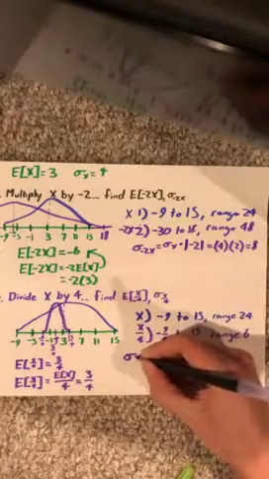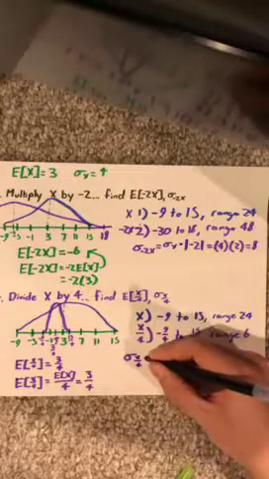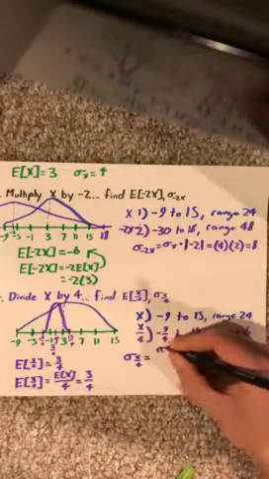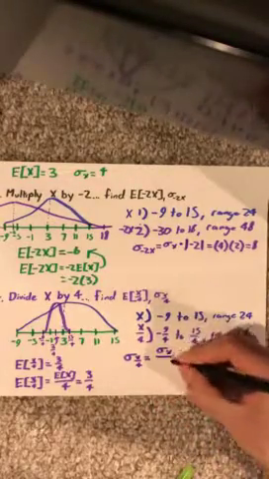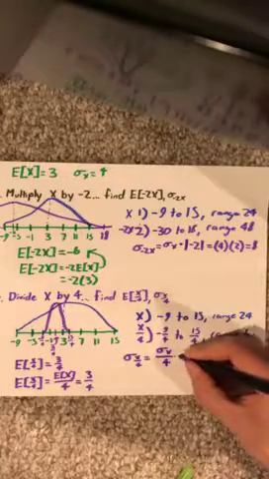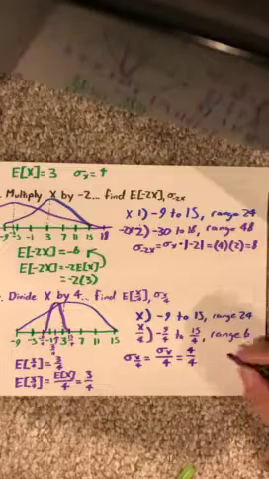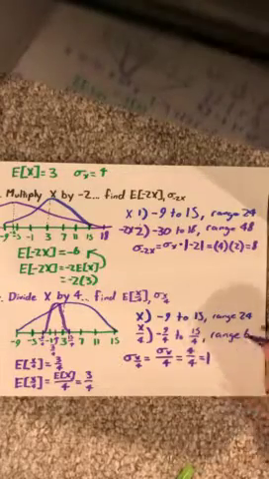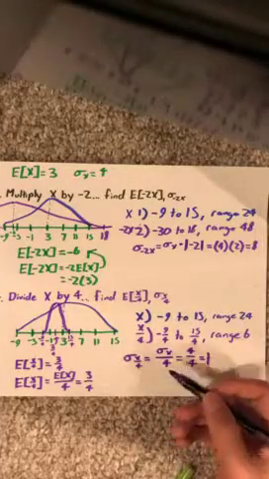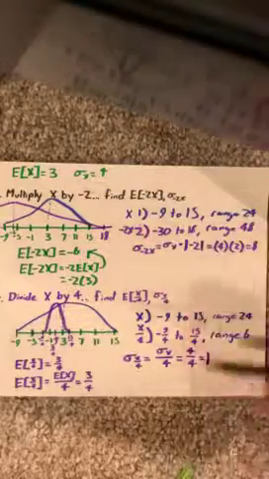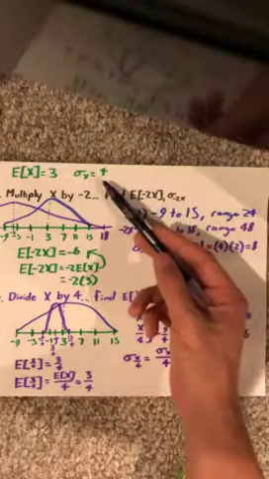So we say that the standard deviation of x over 4 is equal to the standard deviation of x over 4, which is just 4 over 4, which is 1.